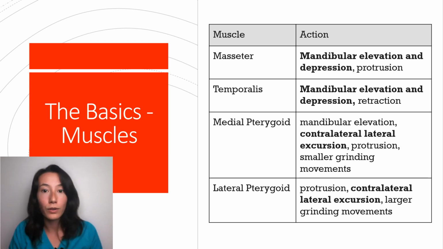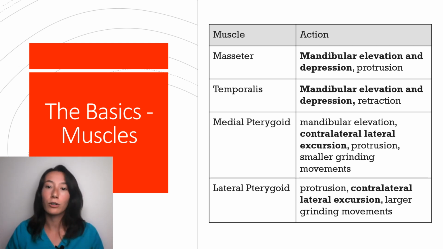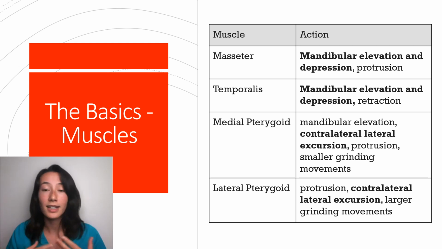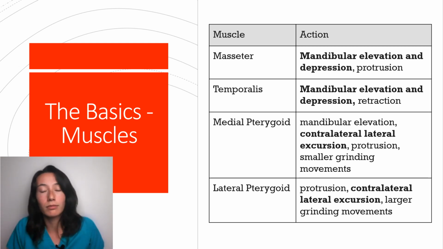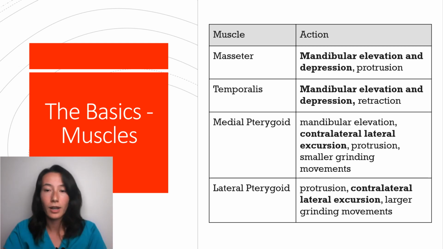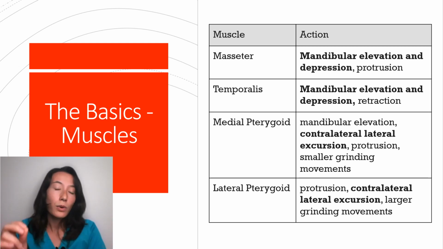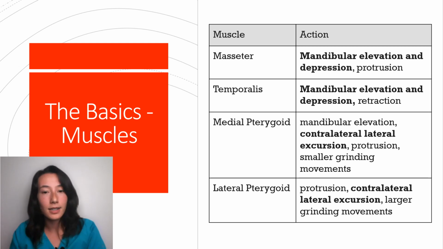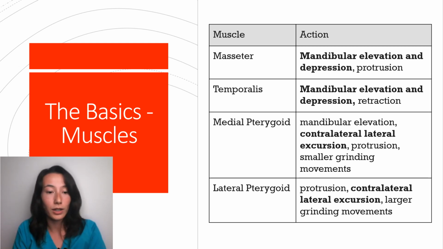They're just better known for their involvement in contralateral lateral excursion more than their involvement with protrusion or grinding movements. They do all of it, however, it's just more universally known. Now, knowing at least the more well-known actions can assist you in your clinical reasoning with this body region.